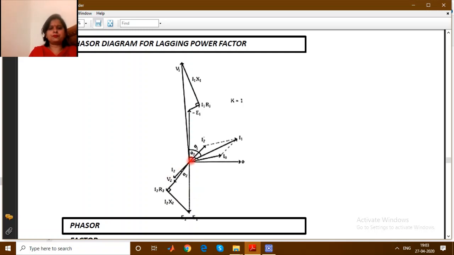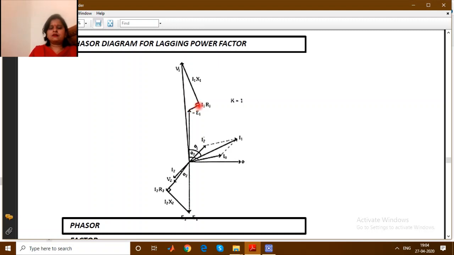Now we will come to the primary side. How will we come to the primary side? Whenever there is I2, in just the opposite direction there will be I1 dash. So this is I1 dash, and I1 dash and I0, their resultant, is I1. So this is the primary current I1, the resultant of I1 dash and I0. Now parallel with I1 and starting from minus E1 there will be I1 R1.